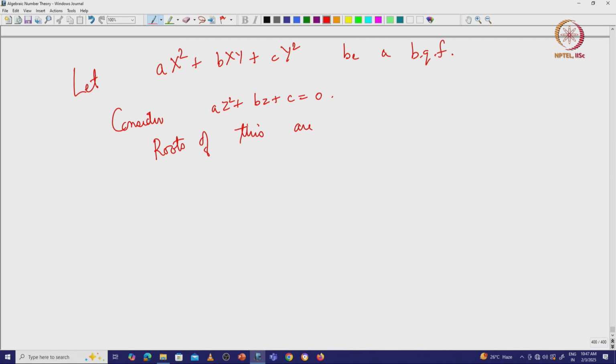Let us say that a is bigger than 0, because if not, I am just going to change the sign of the whole thing, of a, b and c. So the roots of this are minus b plus or minus the square root of b squared minus 4ac, all over 2a. And the roots are real if and only if b squared minus 4ac is bigger than or equal to 0.